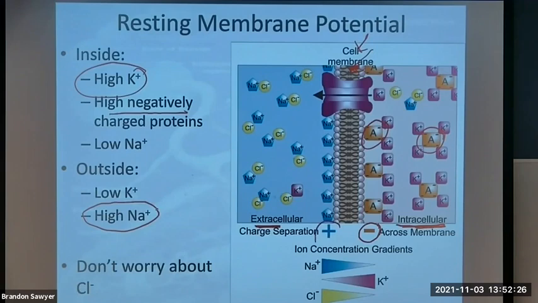Okay, so positive out here, negative in here. Okay, and there's a couple reasons why that is the case, and we'll talk about those on the next slide. But the key from this here is understand that we got lots of potassium on the inside, lots of sodium on the outside, lots of negatively charged proteins on the inside. And that's our first thing here.